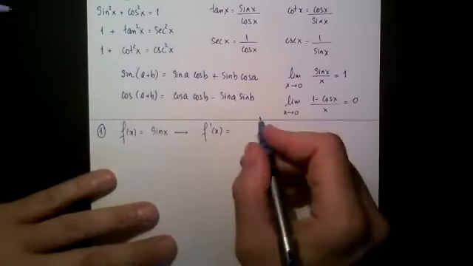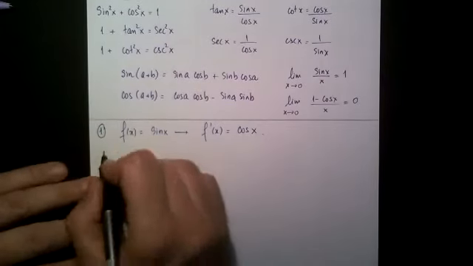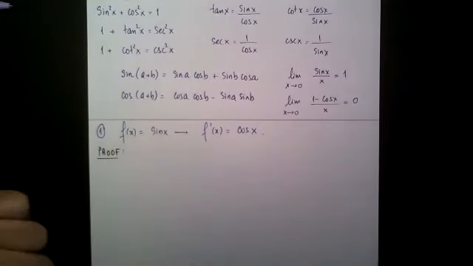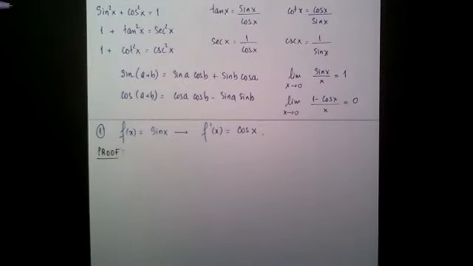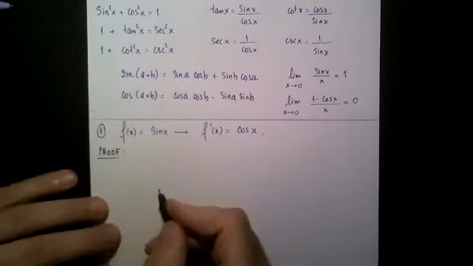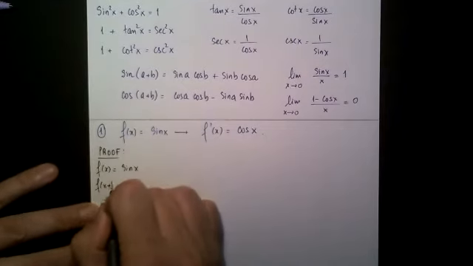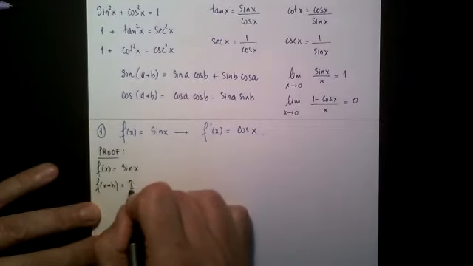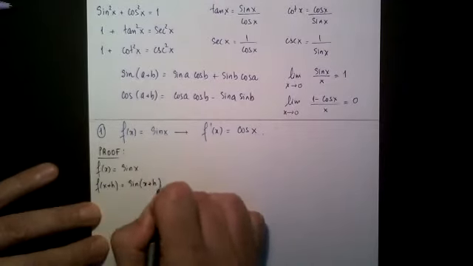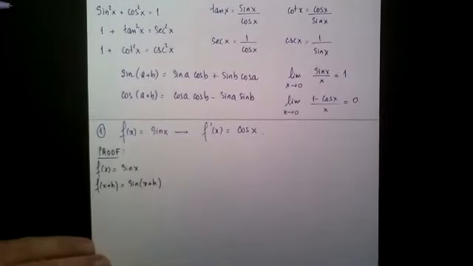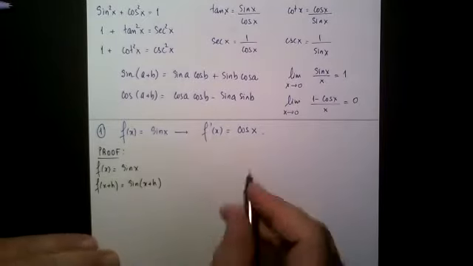Okay, so of course we have to prove this. So proof. Okay, let's go. So f of x is equal to sine of x. F of x plus h will be sine of x plus h. Okay, so let's go.